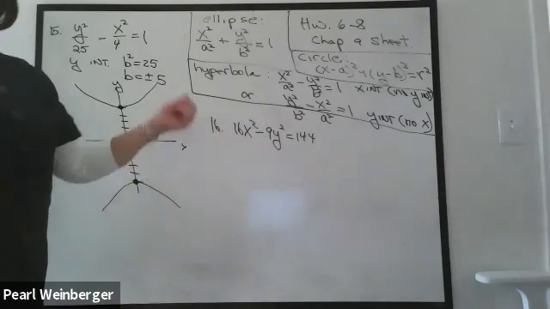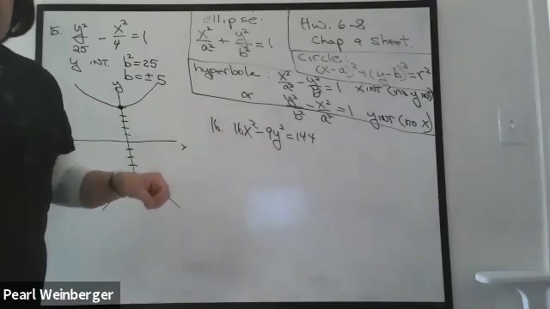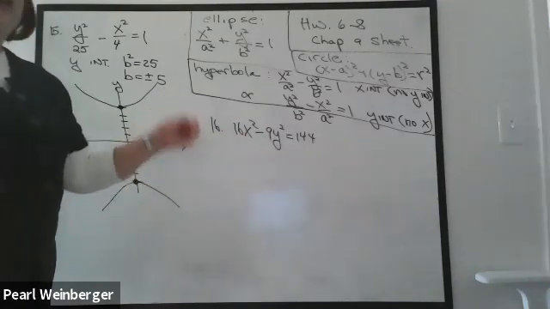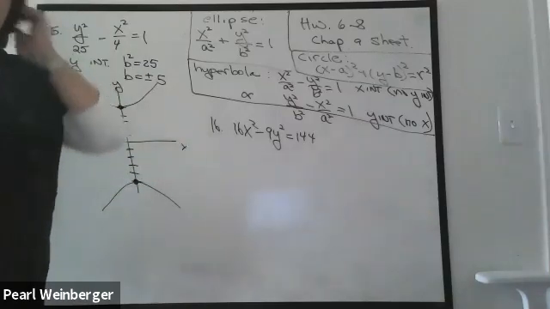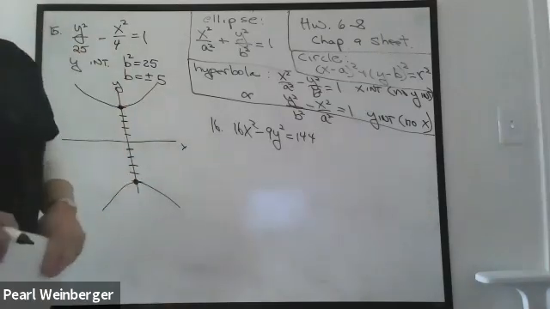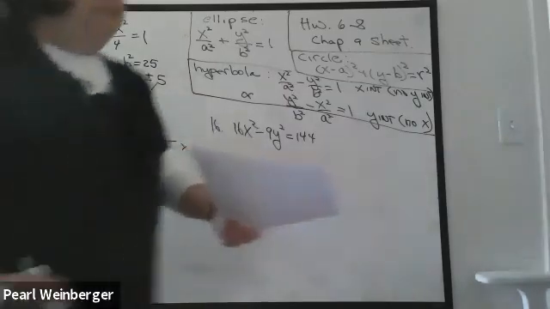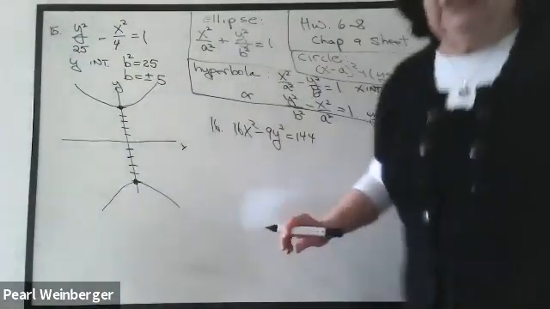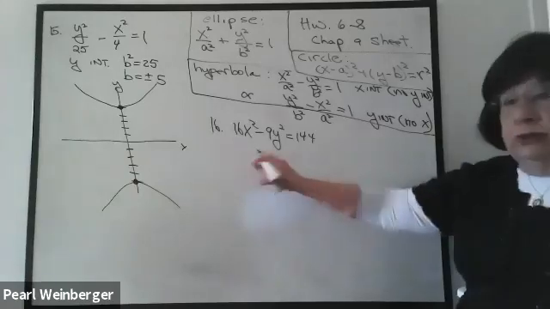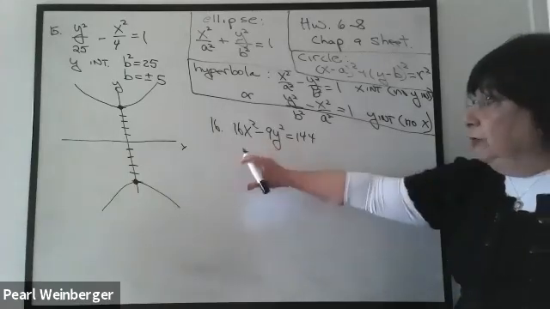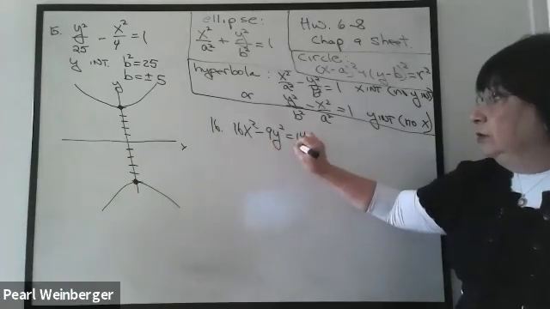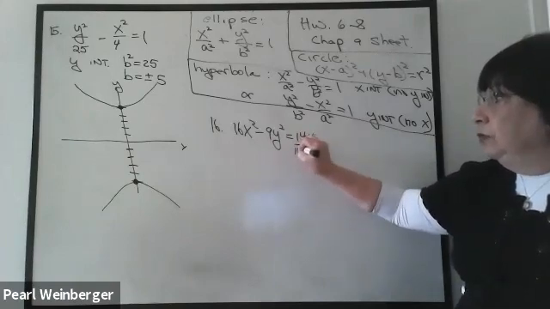In this case, since it's the x squared that's positive, it means that we have x-intercepts, no y-intercepts. In order to find the intercepts, we're going to put this in our standard format. This is not in standard format because it doesn't equal 1. So I'm going to divide everything by 144.